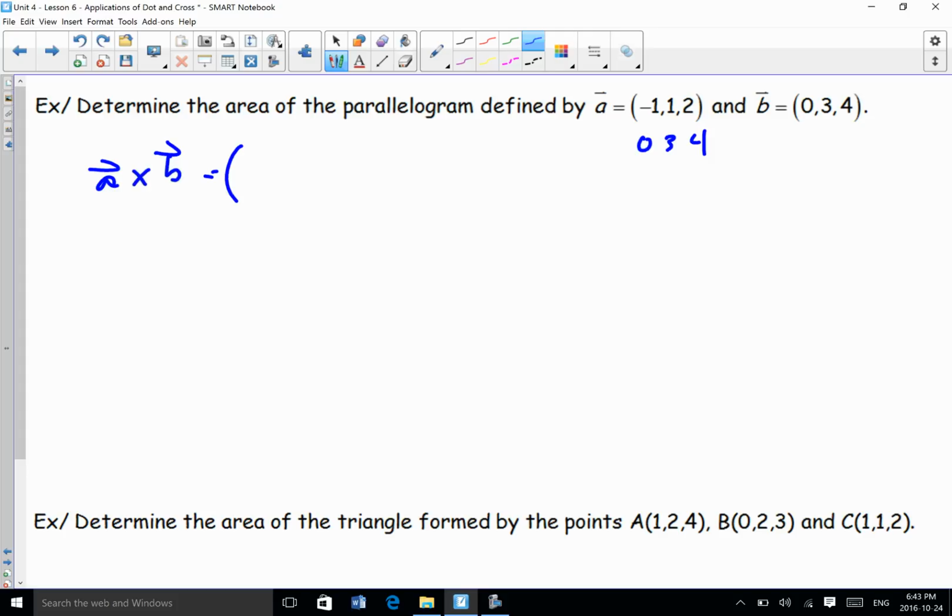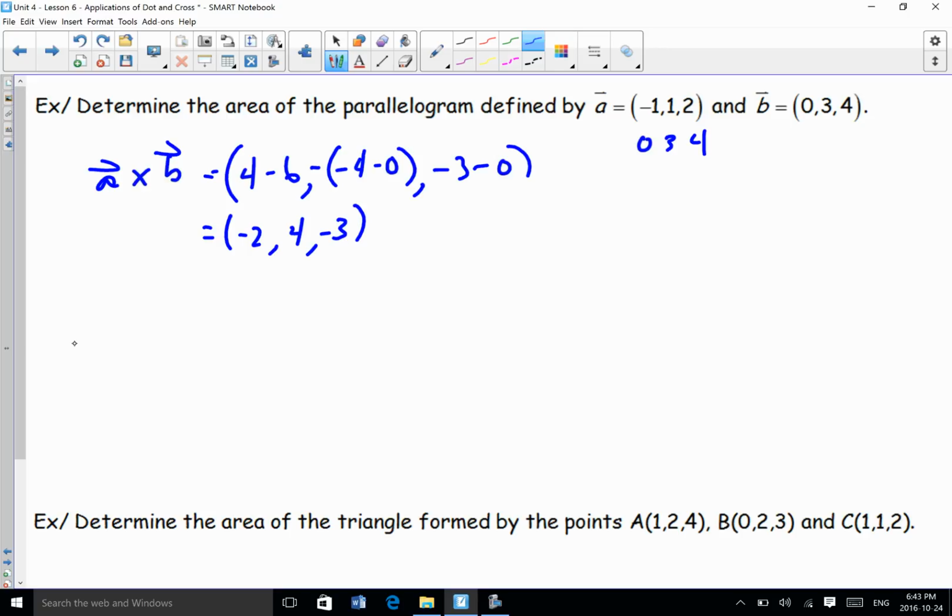So cover up the x's, we'll get 4 minus 6. We'll get negative 4 minus 0 on the opposite sign. And we'll get negative 3 minus 0. So we end up with negative 2, negative 4, but the opposite sign, and negative 3. Okay, and there's your components of the cross product.